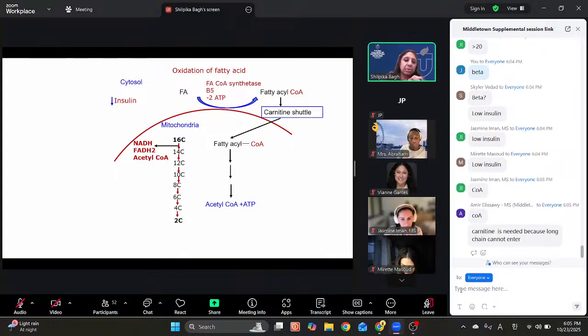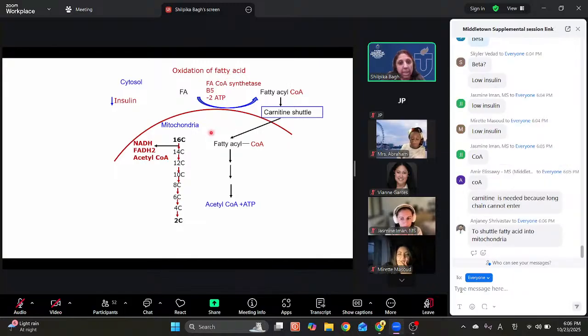Because your inner mitochondrial membrane is impermeable to CoA. To shuttle fatty acid into the mitochondria without a CoA, you need carnitine. CoA is added later. So the carnitine shuttle has CPT1, CPT2, carnitine as a carrier, and acyl transferase.